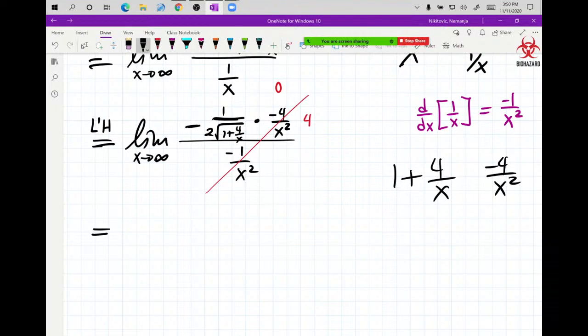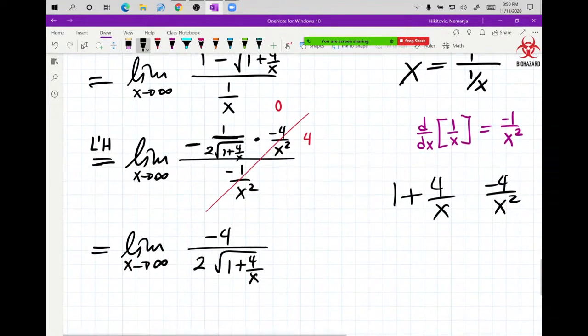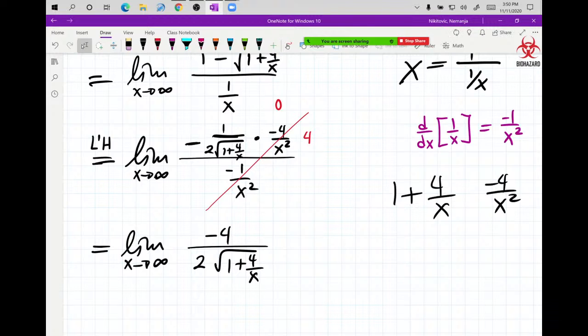So now this is the algebra step where we simplify everything, and you get -4 over 2 square root of 1 plus 4 over x. And now we cancel these two, and when you plug in infinity, this will go to 0. So you just have a 1 under there. The answer is -2.